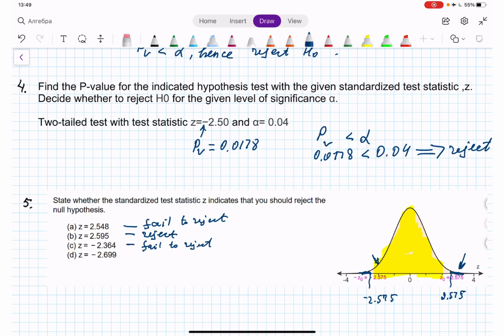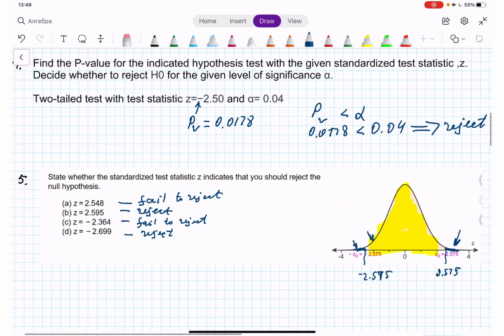And the last one, we definitely reject because it's less than negative 2.575. So it's falling in this error area.